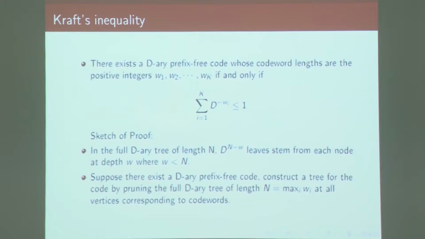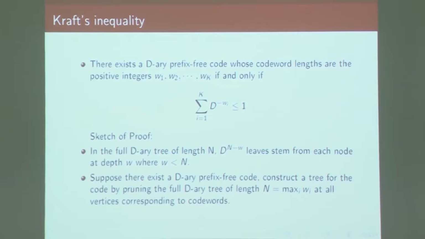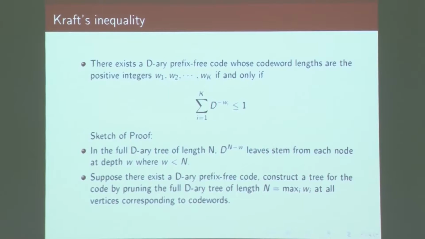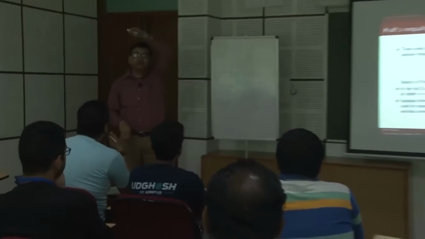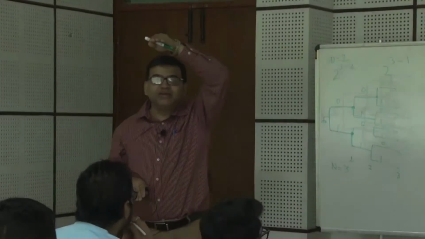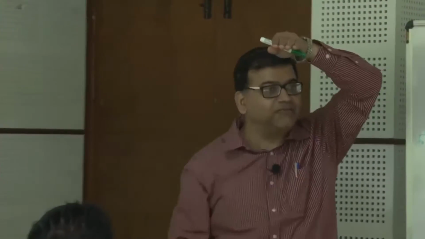Now, if you follow this procedure, then remember when you mark each of these prefix free code words, you are actually pruning your tree. So, you are getting rid of some leaves. How many leaves are you getting rid of? Because you are going to depth wi, you are getting rid of d raised to power n minus wi. We are going to use this fact now, and we are also going to use the fact that the total number of leaves that we can remove is d raised to power n, because that is the number of leaves.